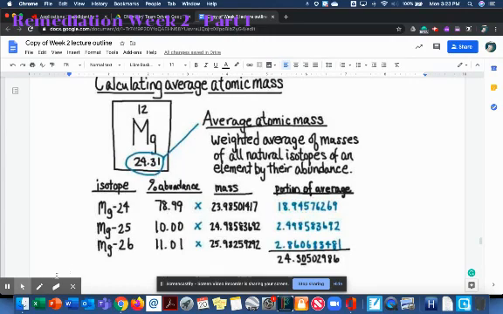Now, one thing that's misleading, and that's kind of a misprint in this: when you have these abundances, these are in percents, you need to divide by 100.